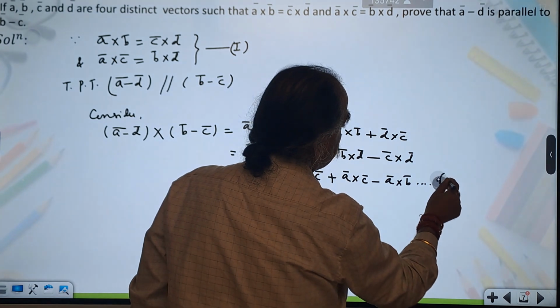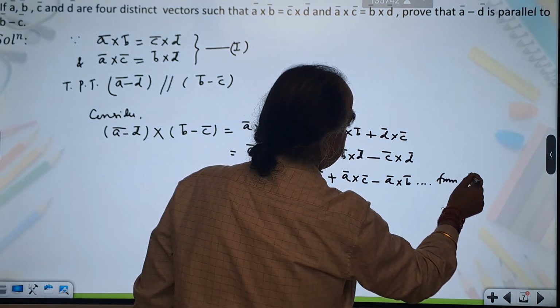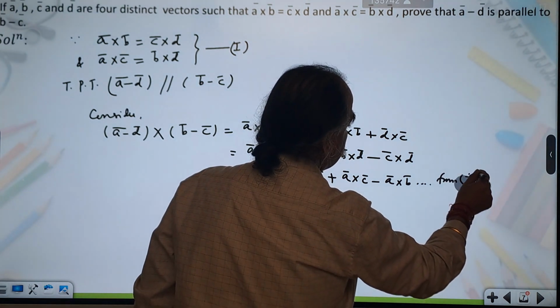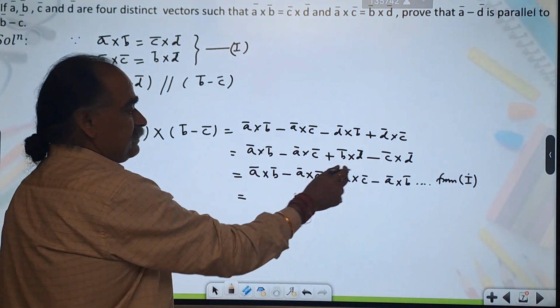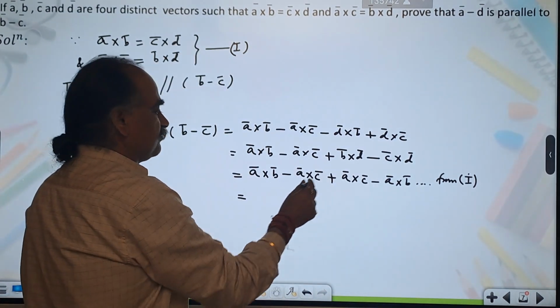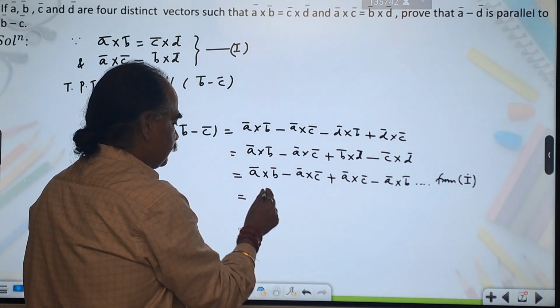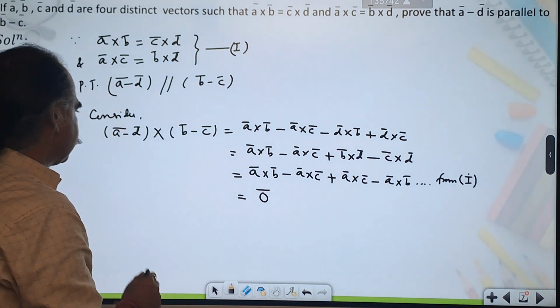Reason? From 1. Now a cross b minus a cross b will cancel, minus a cross c plus a cross c cancel. Vectors are getting cancelled, so we'll get 0 vector.